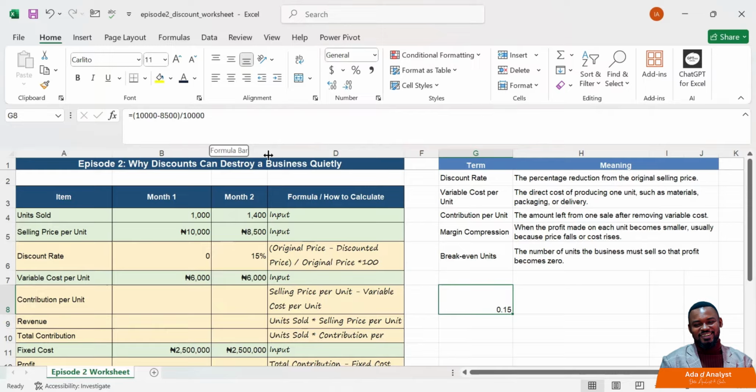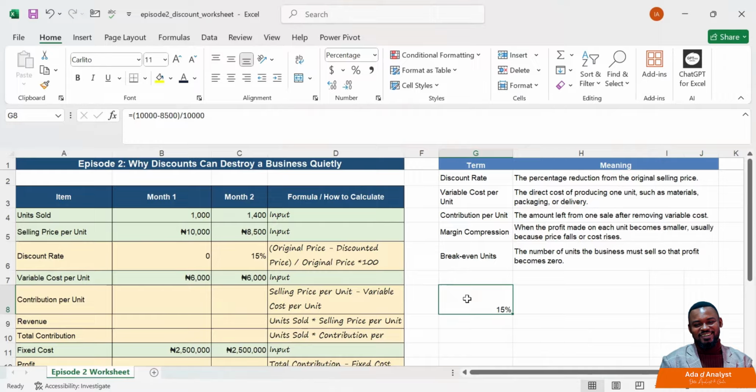Let's do that. You see, if we multiply by 100, it's going to give us 15, but not 15%. If you format this to percentage, it's going to give you 1,500%, which is not the correct value. But when you take away the multiplication by 100, you see that you have the correct 15%.